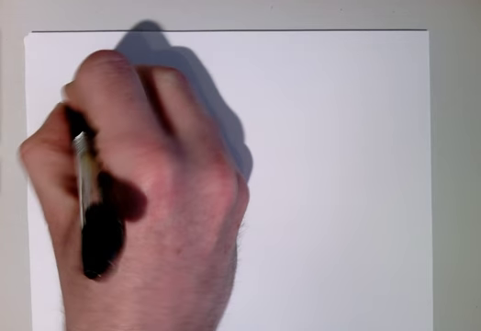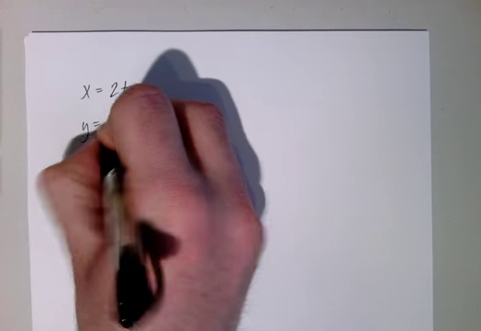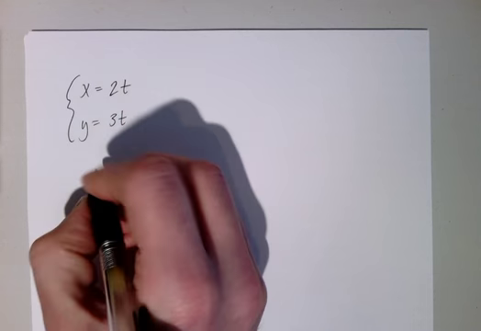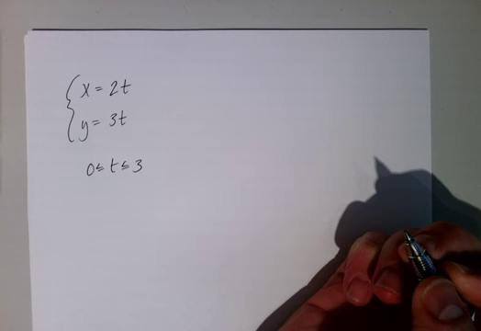This one actually ought to be pretty easy. So we have x equals 2t, y is equal to 3t. Well, that's kind of nice. Let's go from 0 to 3, okay?